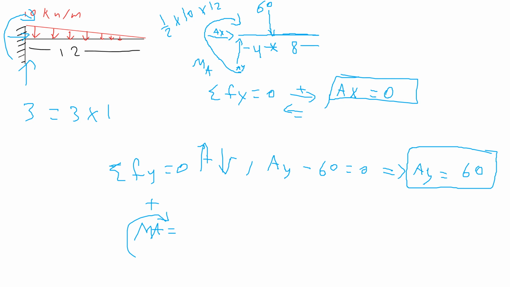Ax equal to 0, so I got 60 in 4. I got 60 multiplied by 4, and the x is the 60 multiplied.